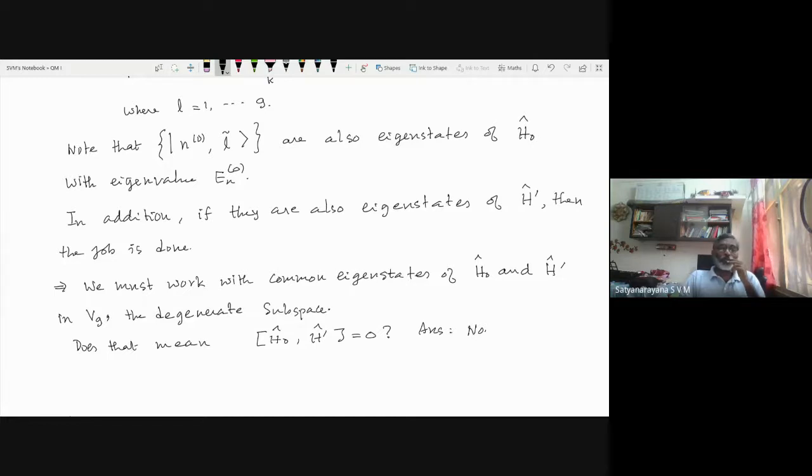How do you do that? You simply diagonalize H prime. So what should be done practically? Diagonalize the H prime matrix evaluated in this |n0,k⟩ basis.